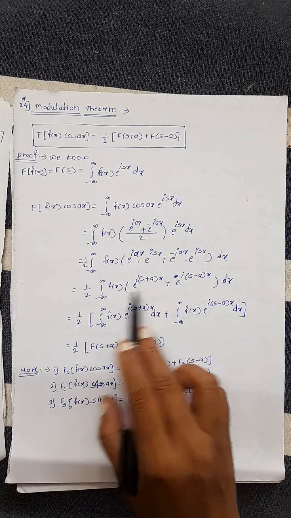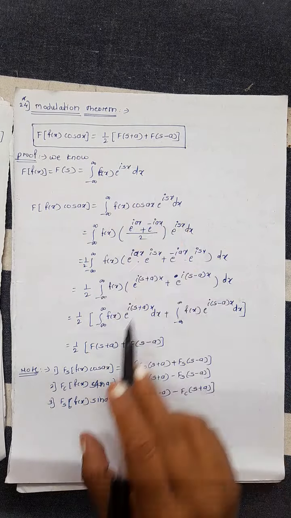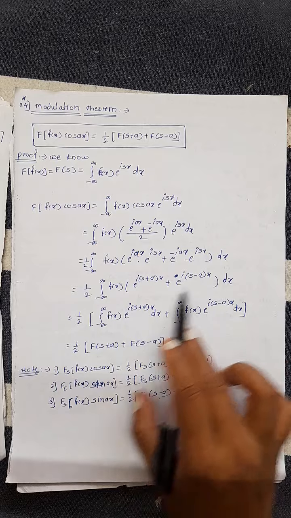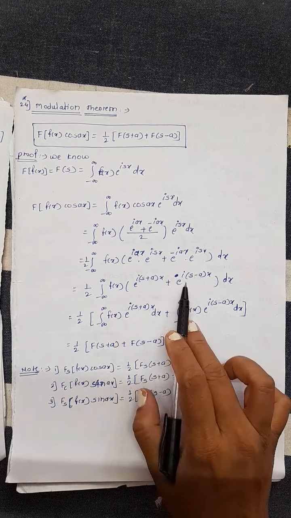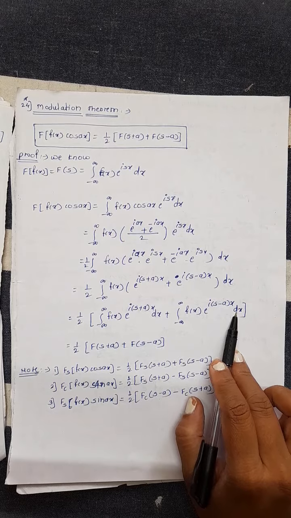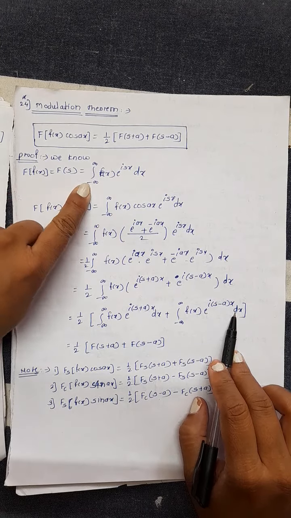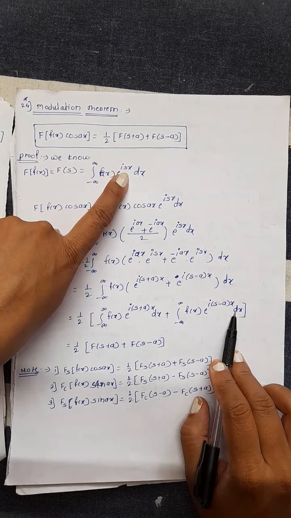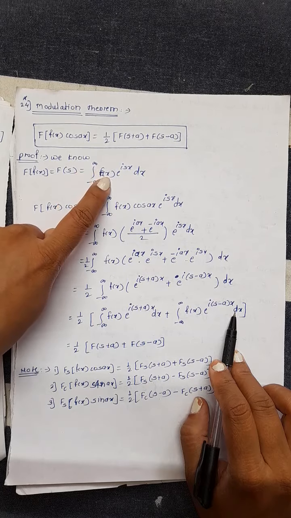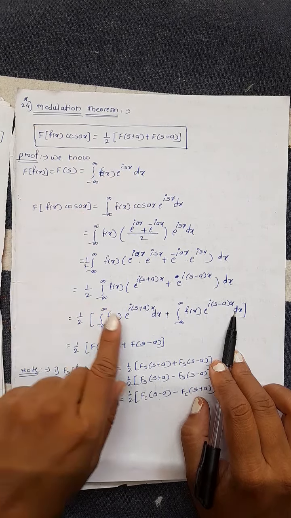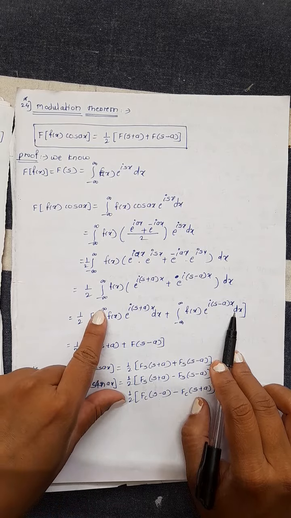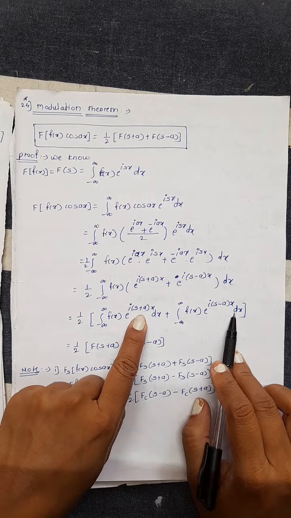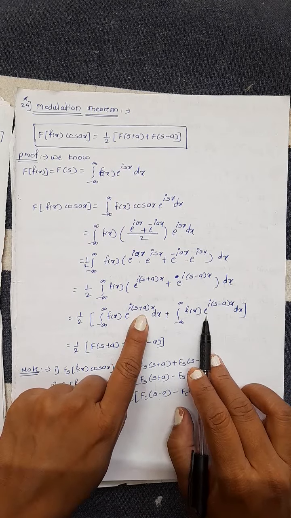Now separate this into integrations because we want these two terms. So 1/2 as it is, integral from minus infinity of f(x) into this term dx plus integral of f(x) into this term dx. If you find this integration, this is the integration F(s), where the integral is f(x) e^(isx) dx. Here instead of s, we have s plus a, and in this term s minus a.